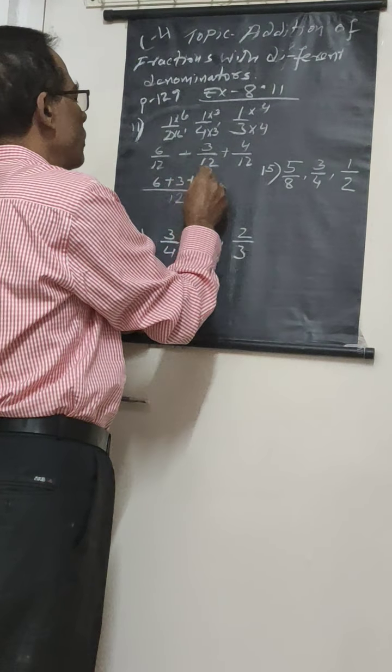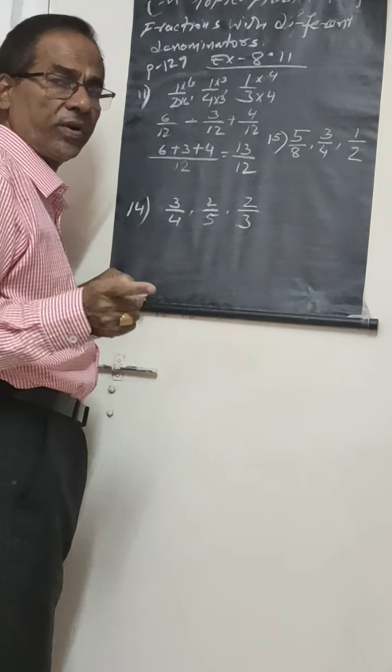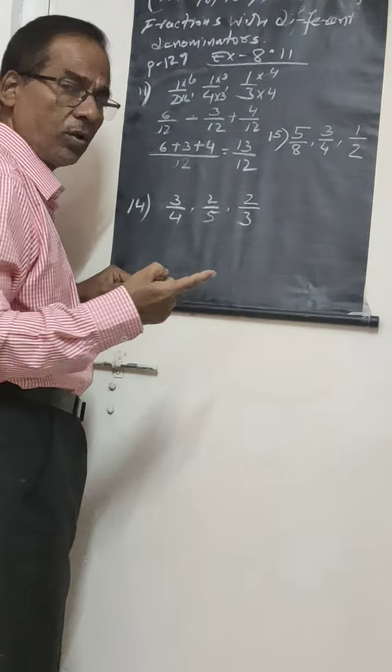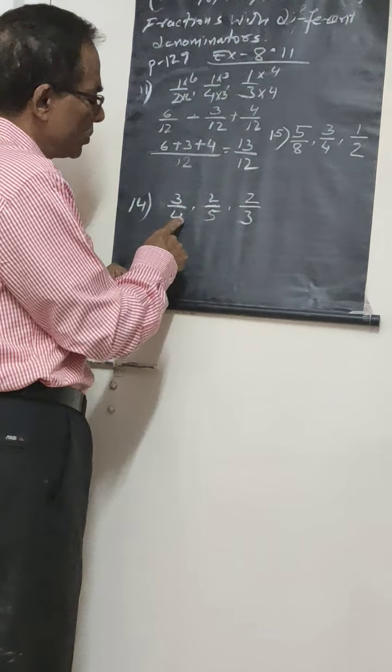Here also, in the same manner, you have to find by which minimum number you multiply so that all can be converted in the same table only. If you multiply by 2, 8, you cannot convert 5 as 8, you cannot convert 3 also as 8. 3 4s are 12, you cannot convert 5 as 12.